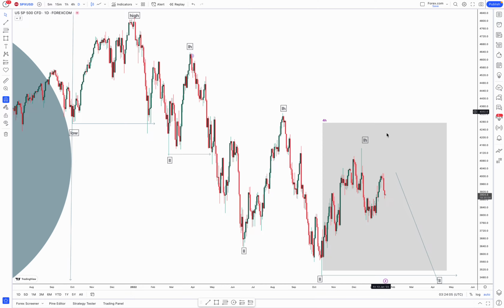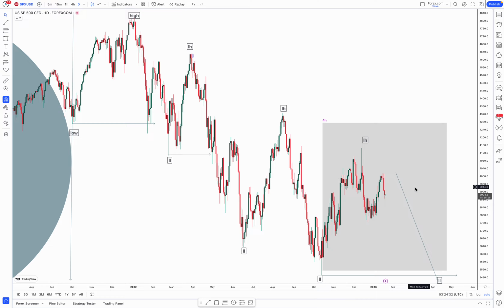So this retracement, as we discussed before, is going to be bullish in nature. So it will be making higher highs and higher lows. Once this starts turning bearish on the 4 hours, then we're going to get that massive impulse that comes and takes out this low.